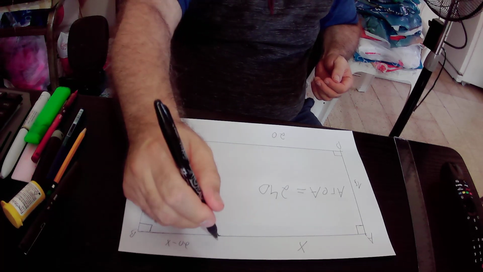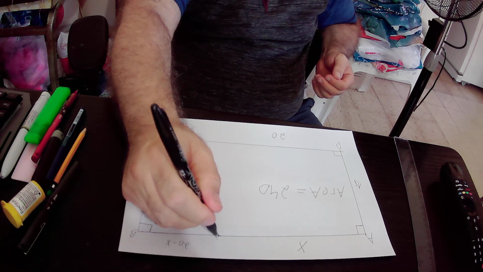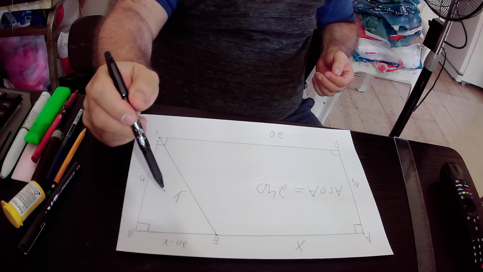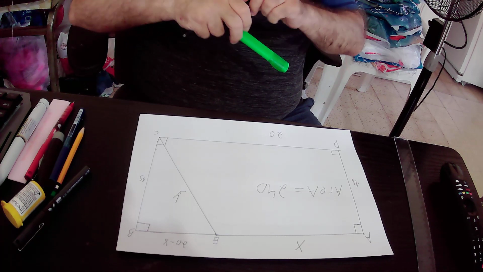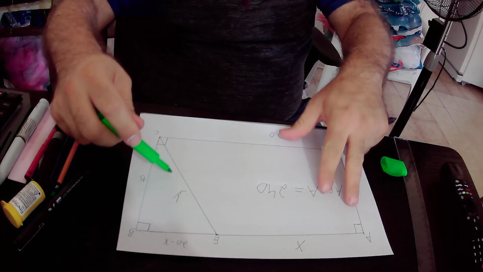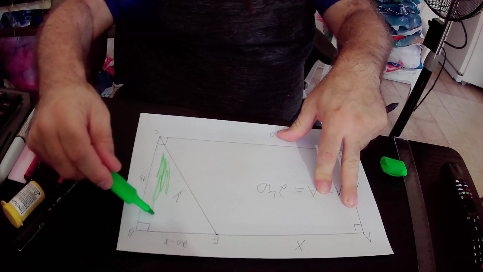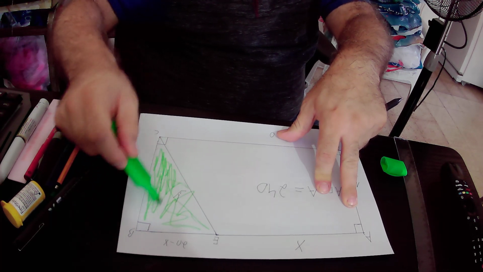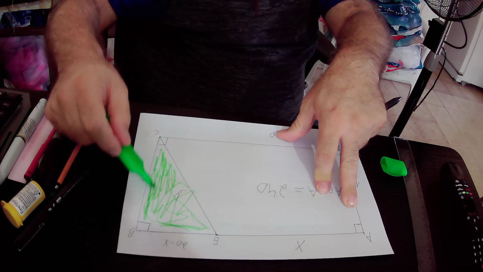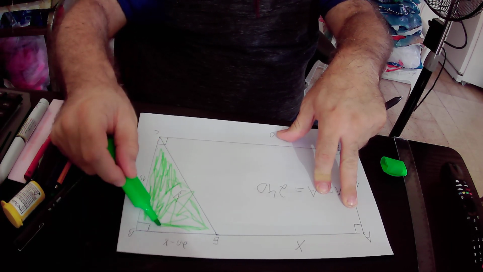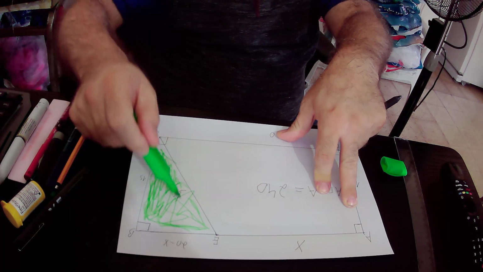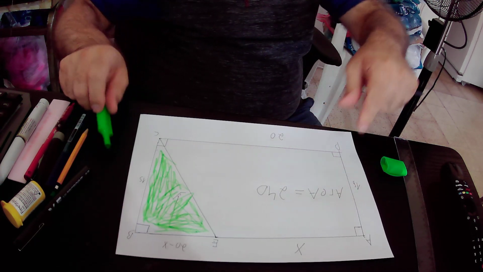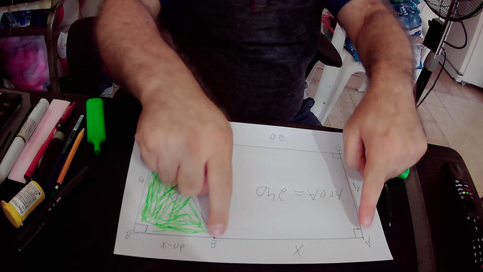Actually, this point will be defined as E. Actually, side EB of the green right triangle equals 20 units minus x.